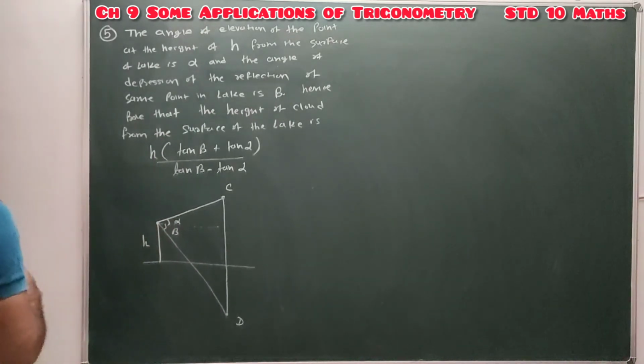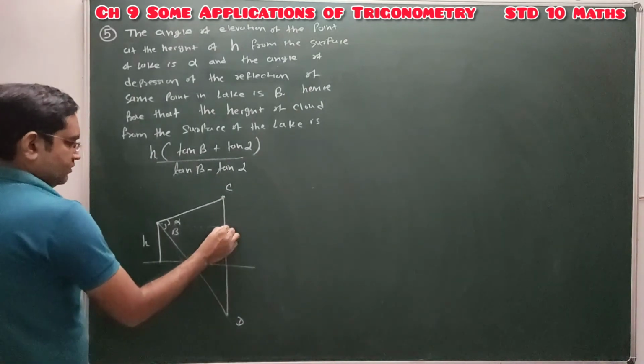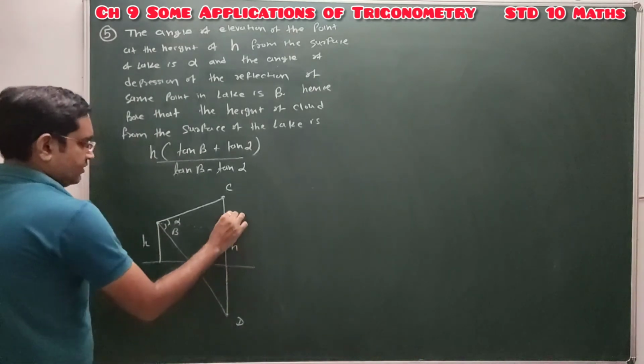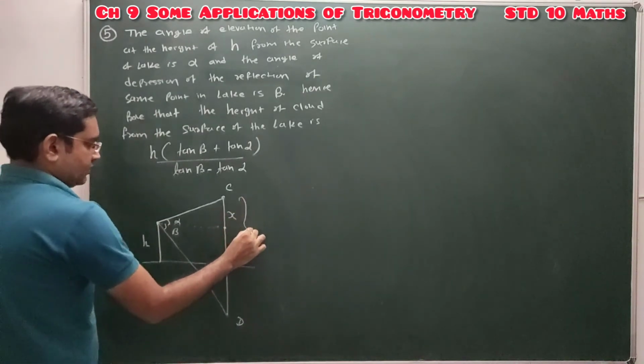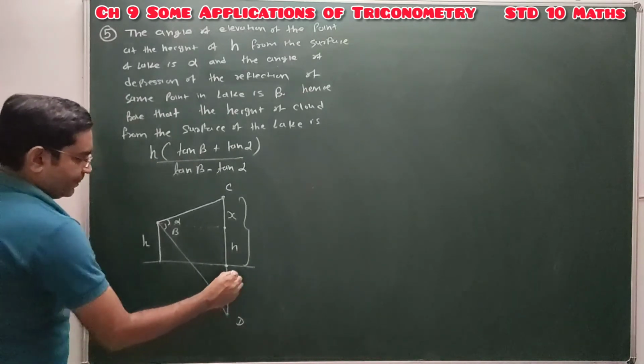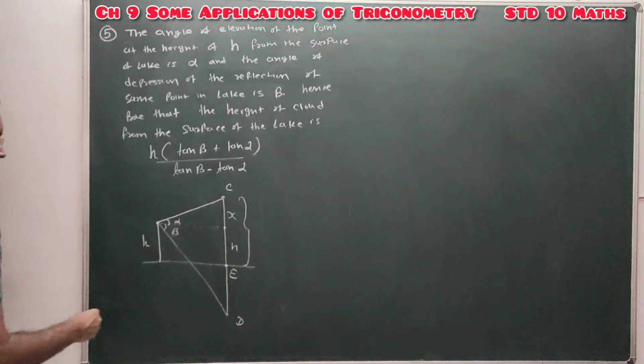So prove that the height of the cloud from the surface, this is the height of the cloud and this height is h, and this is x. You have to prove the height of the cloud from the surface of the lake, that is EC, is equal to this one.